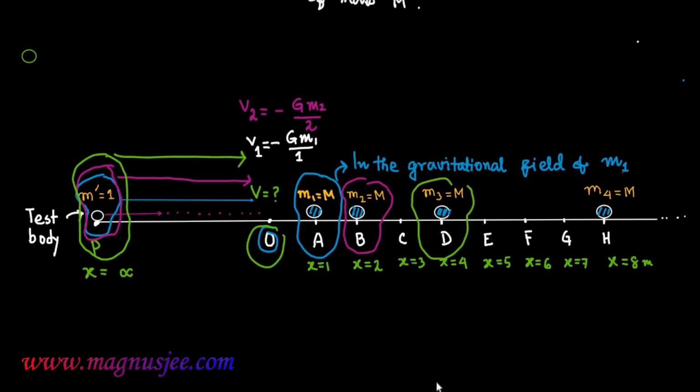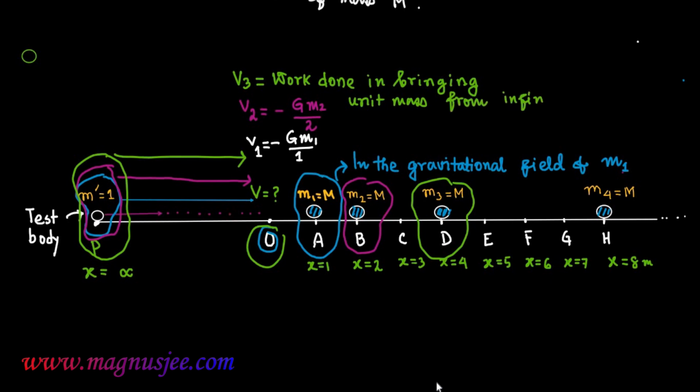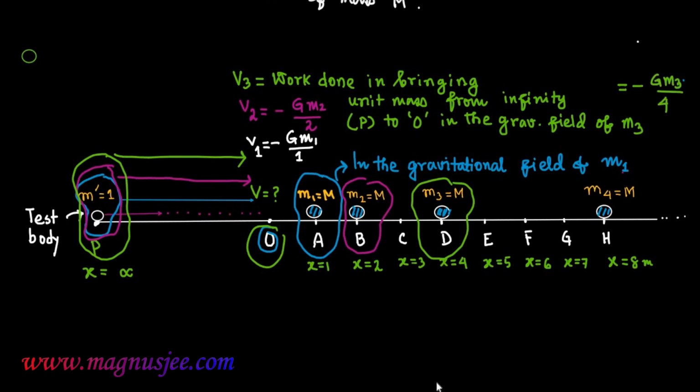Similarly, the test body is brought from the point P to O in the gravitational field of mass m3, and V3 will be minus GM3 by 4, because the third body m3 having mass M is at the point D, which is at a distance of 4 meters from the origin O.